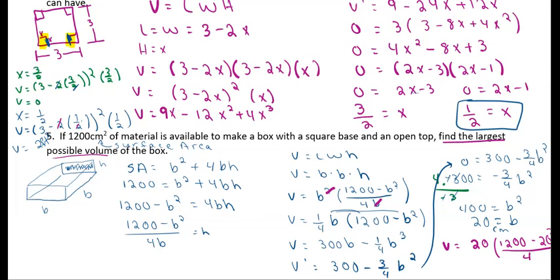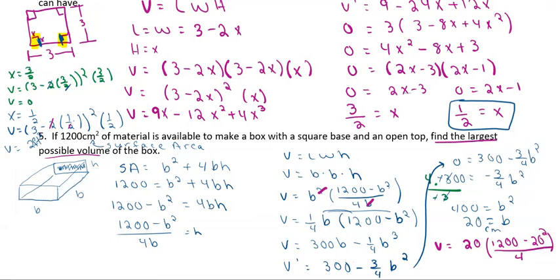So if you remember, we canceled our B squared and our B right here, and then we put it right back into this one. Yes, you could have put it in here. That would have worked as well. You even could have put it in here. That would have been fine also. You cannot put it into the derivative because we've already taken the derivative and we need the original V value.